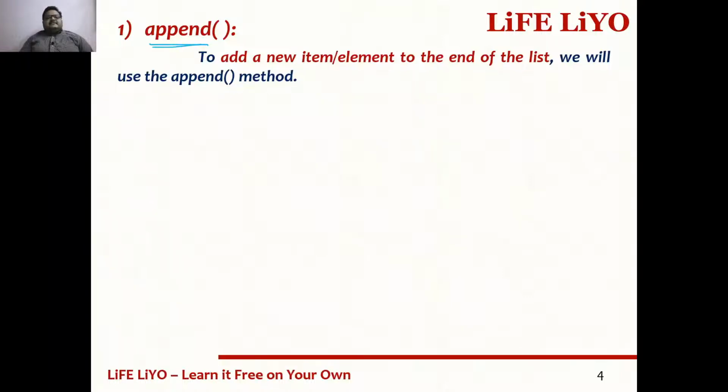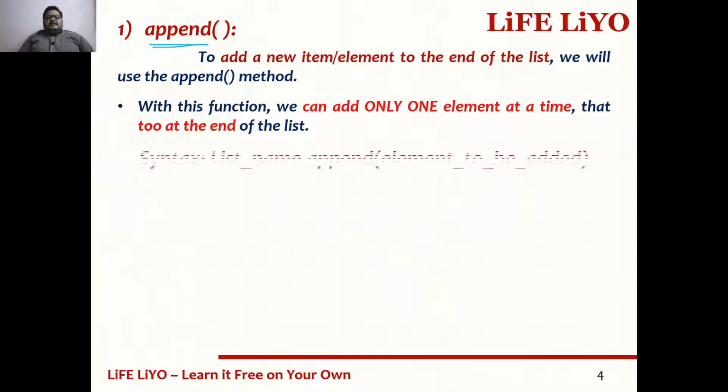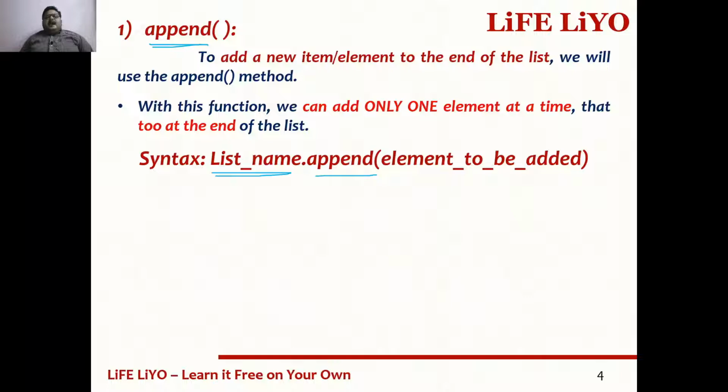The syntax is the list name, dot append, and the element to be appended at the ending of the list is given inside. One more point to remember: with the append method you can add only one element at a time, and only at the ending of the list. It is not possible to add at the front of the list.